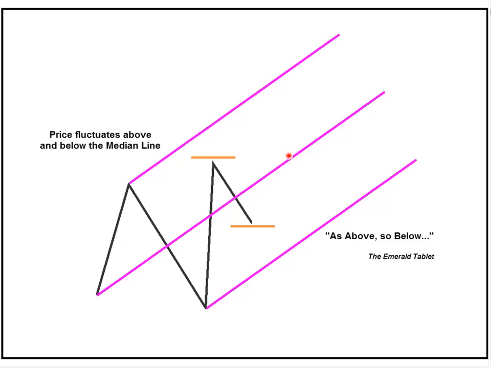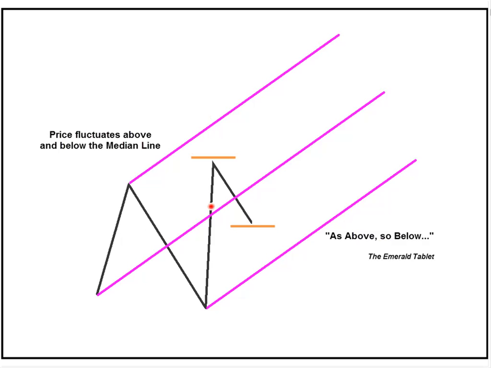Take a look. As above, so below. This was translated out of the original language by Sir Isaac Newton. And in fact, he built his principles of physics off of much of this book, the Emerald Tablet. And as above, so below can be translated into, for every action, there's an equal and opposite reaction.